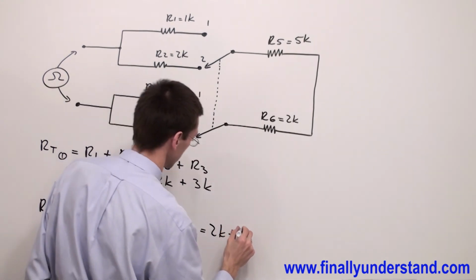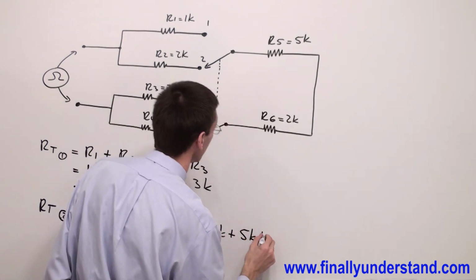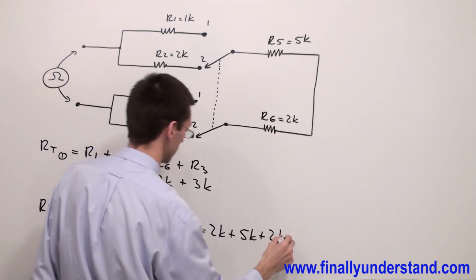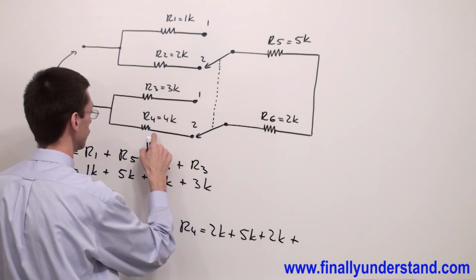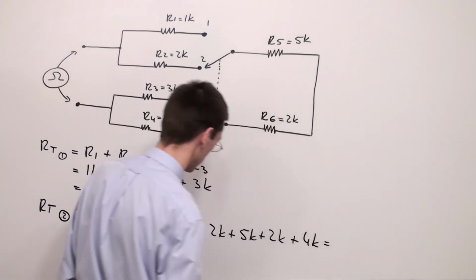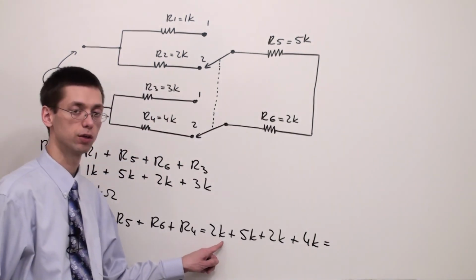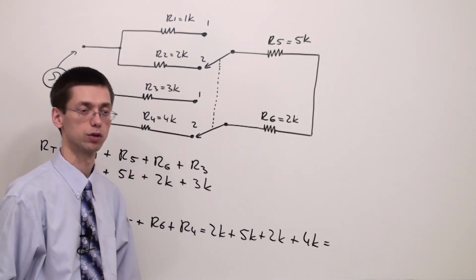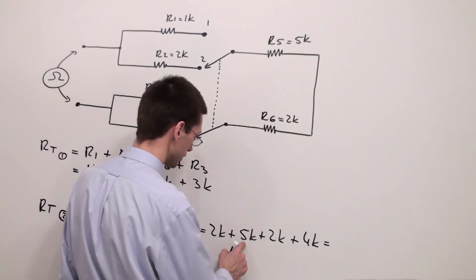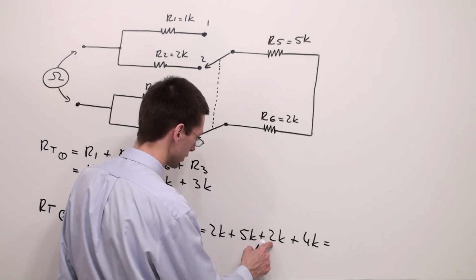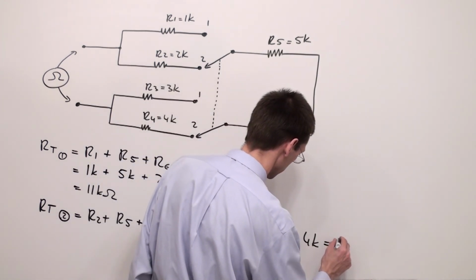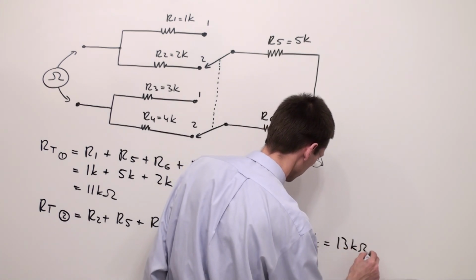plus 5 kilo plus 2 kilo plus 4 kilo. And one more time, remember, anytime we have kilo, this automatically means ohms if we talk in terms of resistance. 2 plus 5 is 7, plus 2 is 9, plus 4 is 13 kilo ohms.